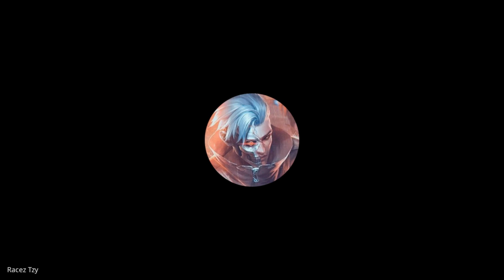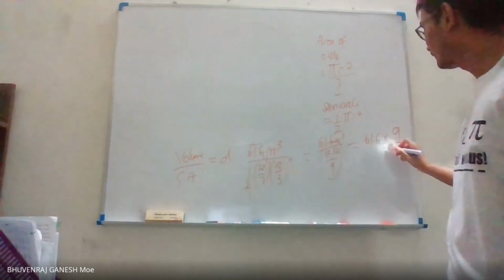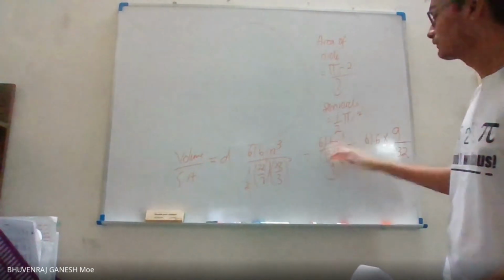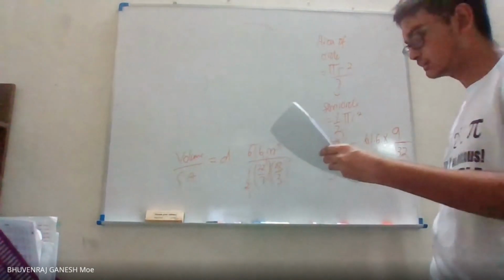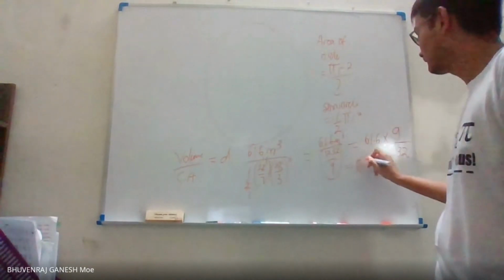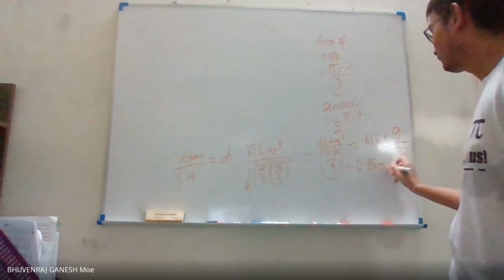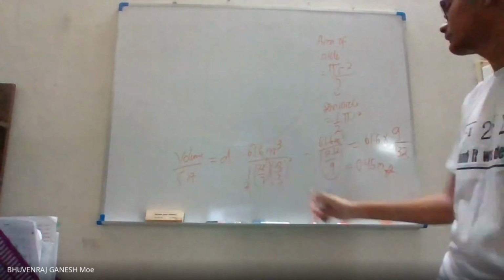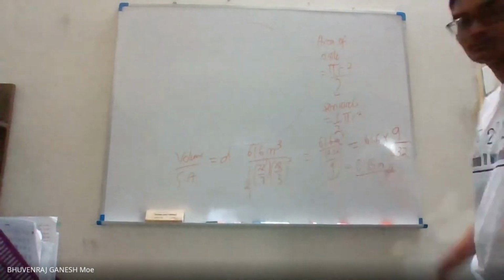The 9 over 1232, yeah, because reciprocal. When you bring this up, you must switch this thing. So then we finally get the answer, 0.45 meter. So not so difficult. Just remember the formula of the surface area, you already get your answer. So that is how you solve.